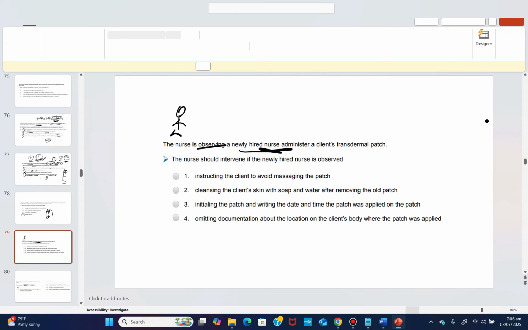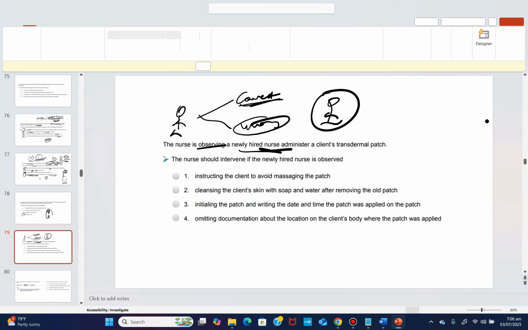It's always one of two things: either the NCLEX will test you on what the staff member is doing correctly or what they are doing wrong. So you need to pay attention to the examiner's question to know if the NCLEX examiner is testing you on a correct thing the nurse is doing or the wrong thing.